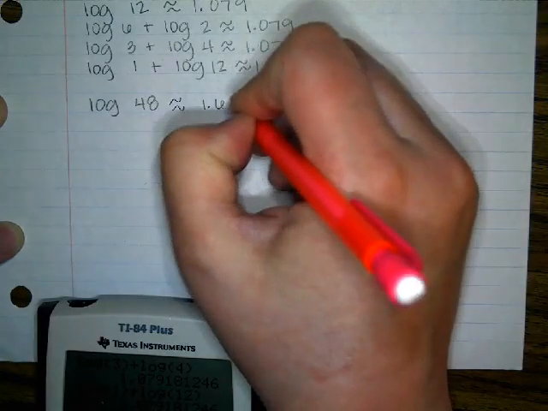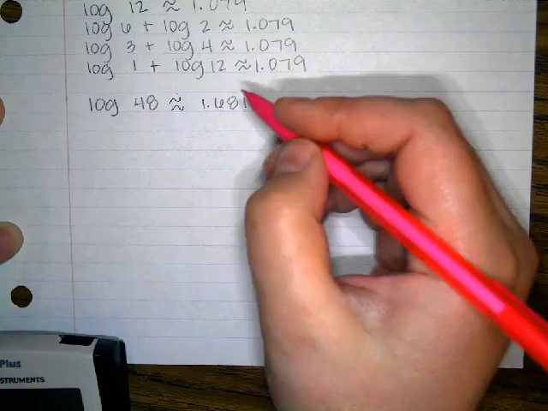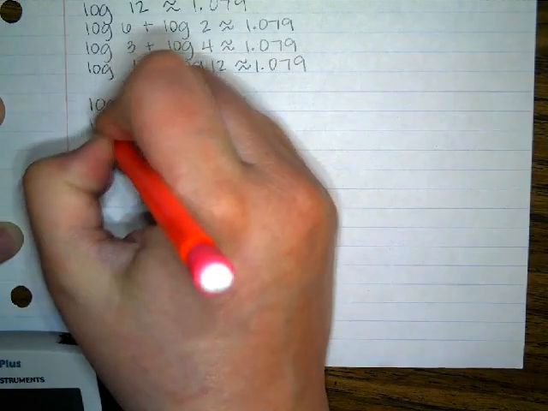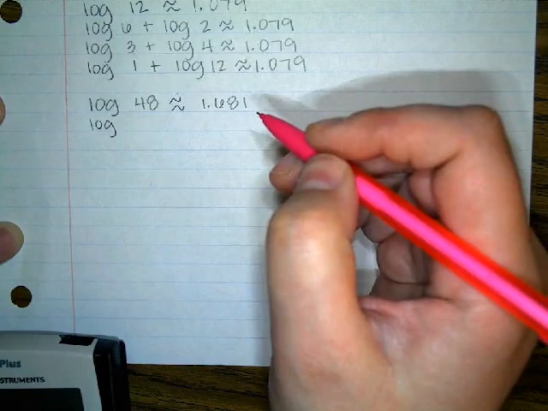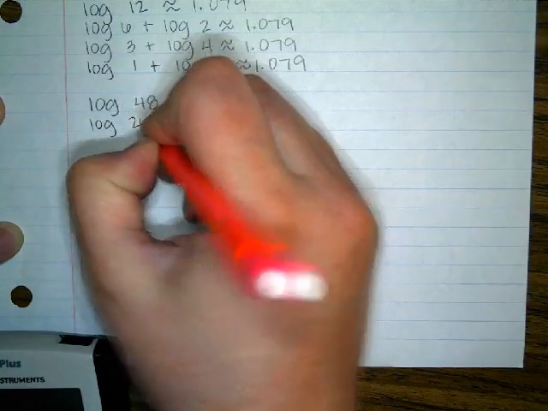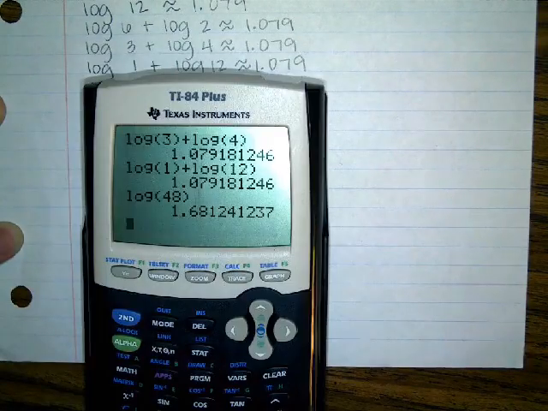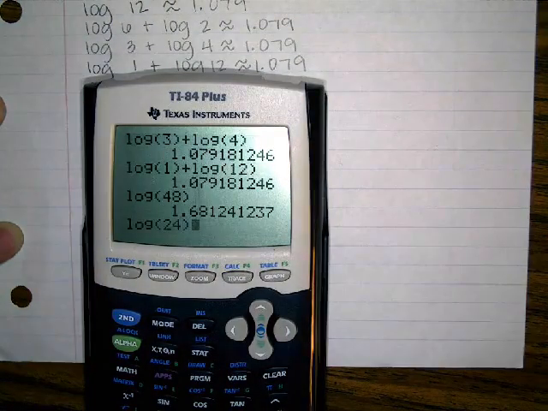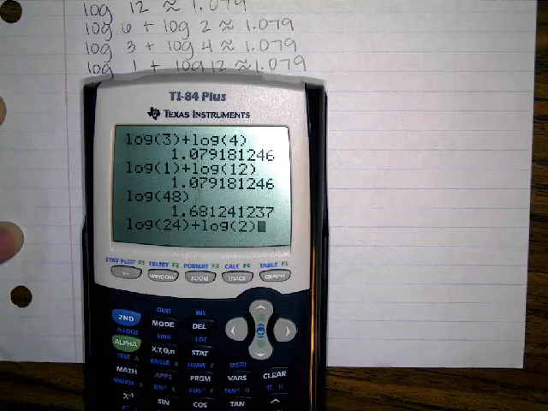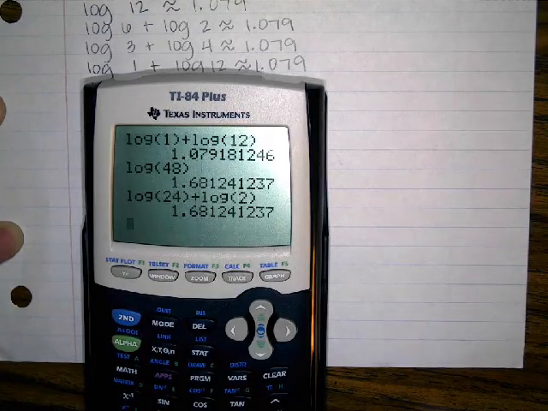Okay, so give me some numbers that I should use. 24 and 2. We're going to do log 24 plus log 2. 1.681.